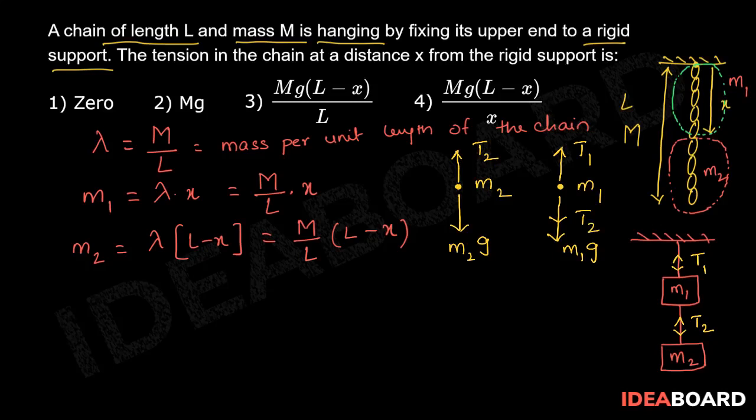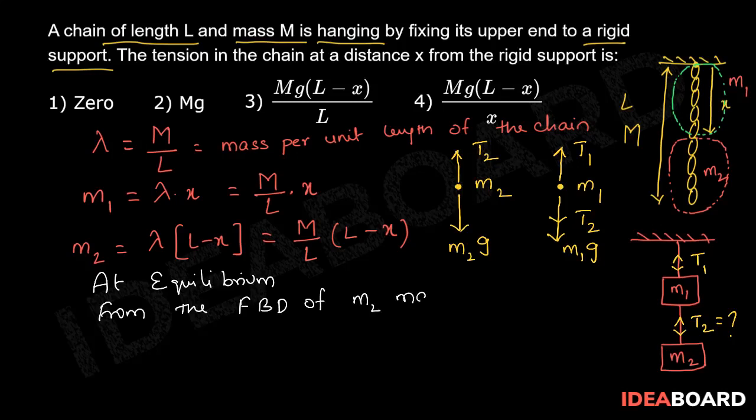Now in the question it is asked to find the tension between m1 and m2 blocks. So at equilibrium, from the FBD of m2 mass, we can write T2 equal to m2G.